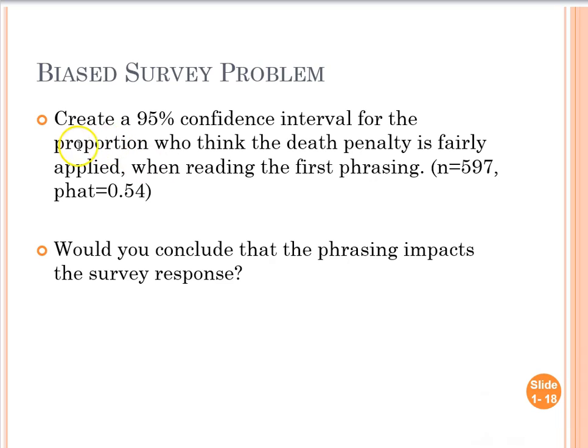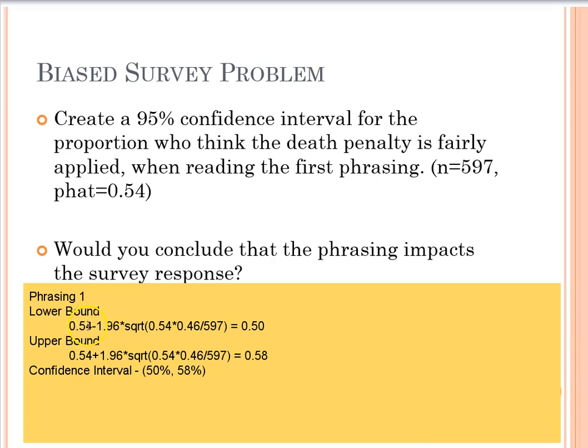So we're going to do that for the first reading and see whether or not the second reading's proportion falls within that interval. Again, we use our sample proportion as the center point for our interval construction, and then we reach up or down our critical z times our standard error.